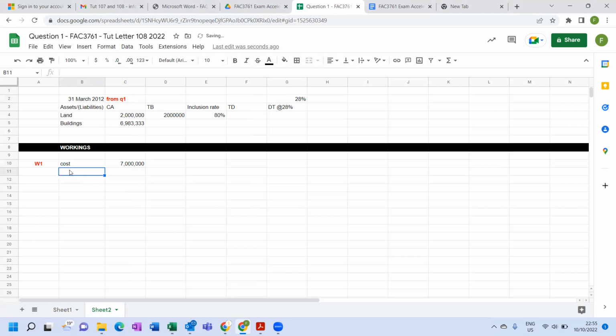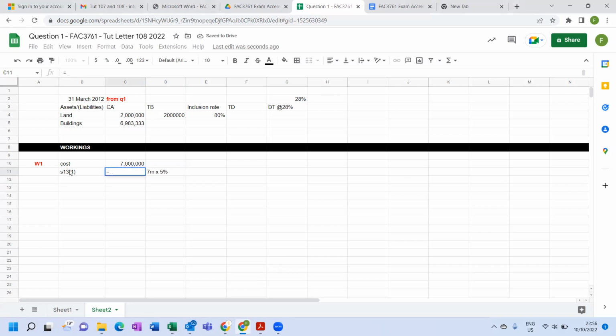Then we will have the section 13(1) allowance, which is basically 7 million multiplied by 5%. We bought it in the current financial year, so we only had an allowance for one period. We bought it during the year, but there's no apportionment, so we don't apportion for part of the year.